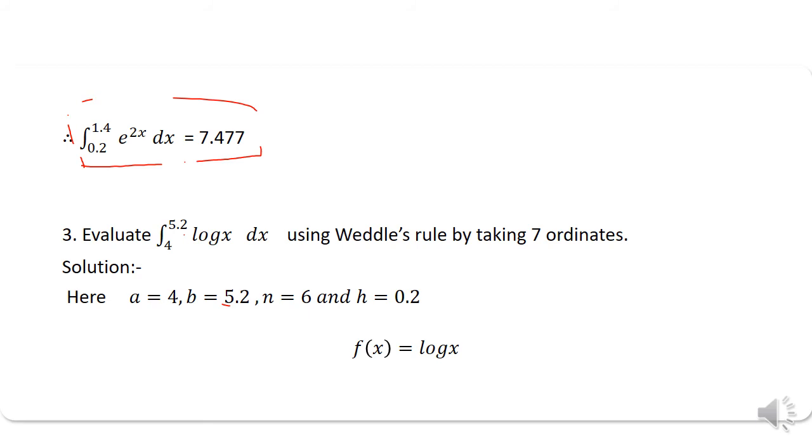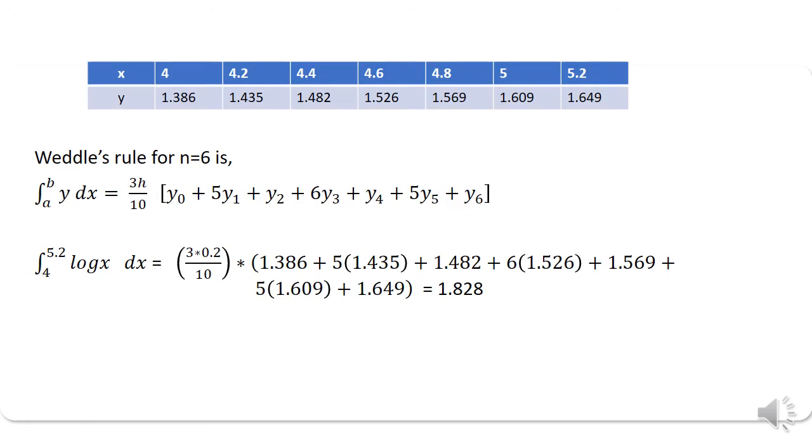Here our function is log x. The lower limit is 4 and the upper limit is 5.2 and h value 0.2. Substitute all values here. We'll get 7 ordinates, that is 1, 2, 3, 4, 5, 6 and 7. That means n equal to 6 here.